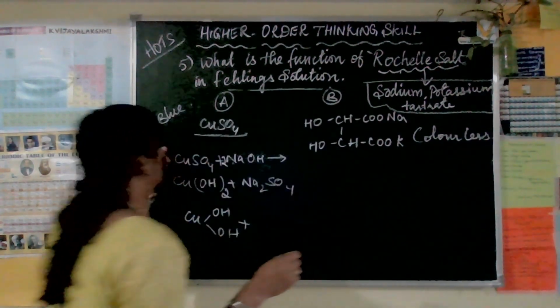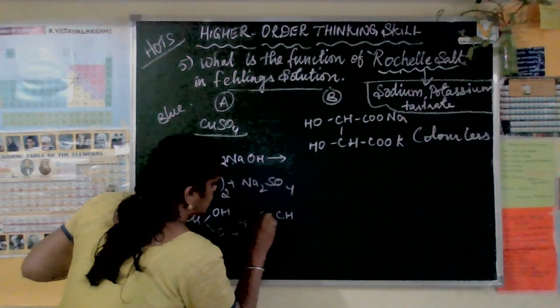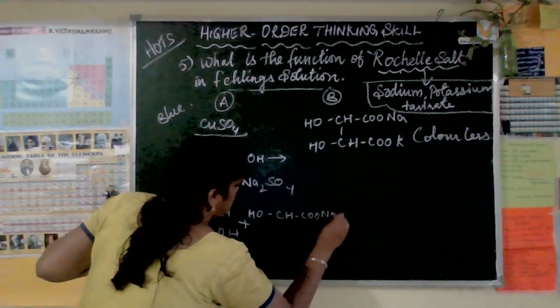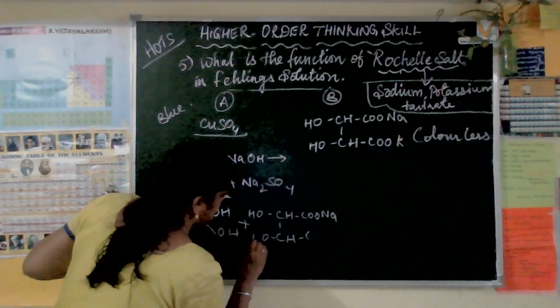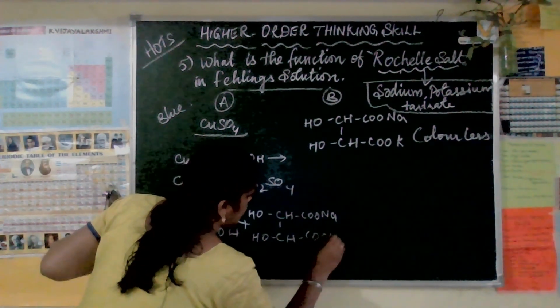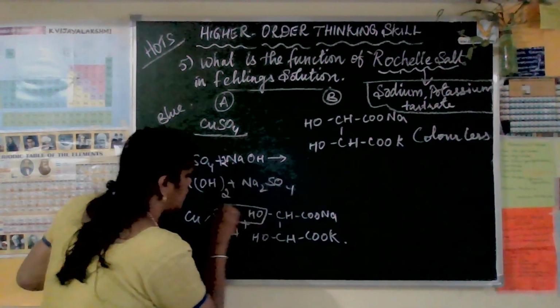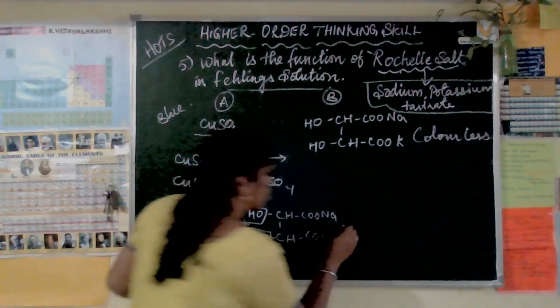But this one has a color. So we are adding here CHOH COONa, and here CHOH COOK. Right. Now, what happened? Water removal, elimination of water. So what is the product you are getting?